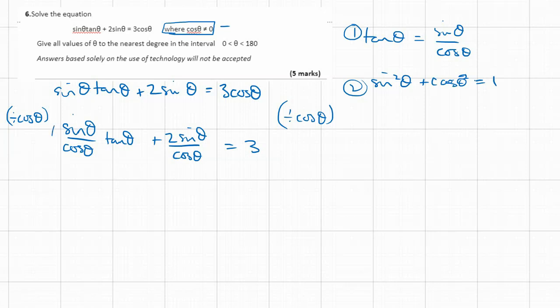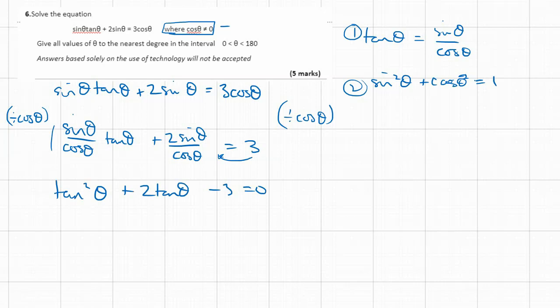So I can say this is going to be tan, and because it's tan, that's tan squared, it's tan by tan. This is 2 tan, and I'm going to subtract a 3 over to the other side at the same time, just to save me a line of working. Time to factorise.